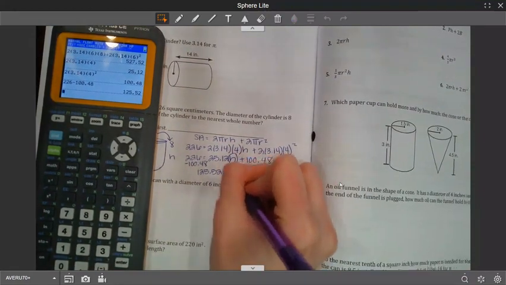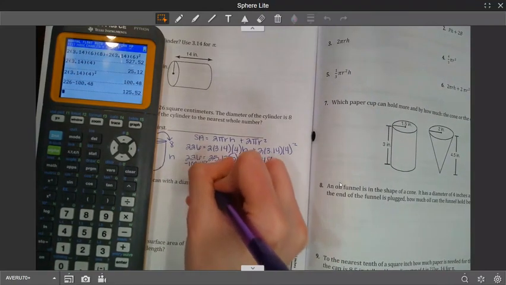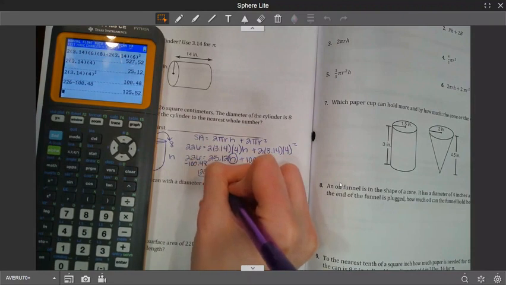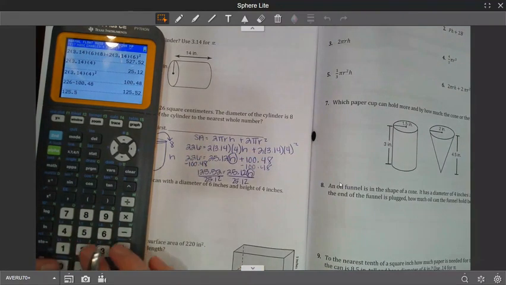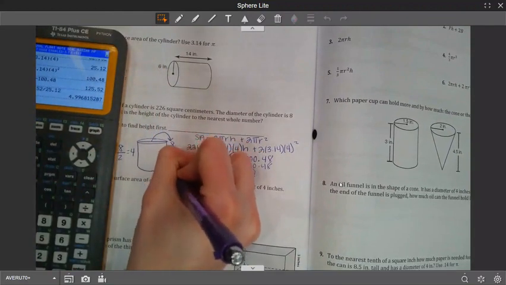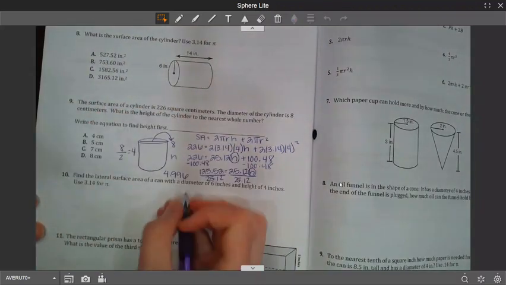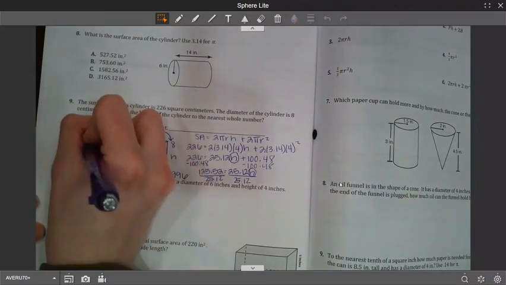This is being multiplied by h, so I'm going to divide both sides by 25.12. So 125.52 divided by 25.12 gets me 4.996. Okay, well, what's that closest to? This is going to round all that up to be closest to 5.